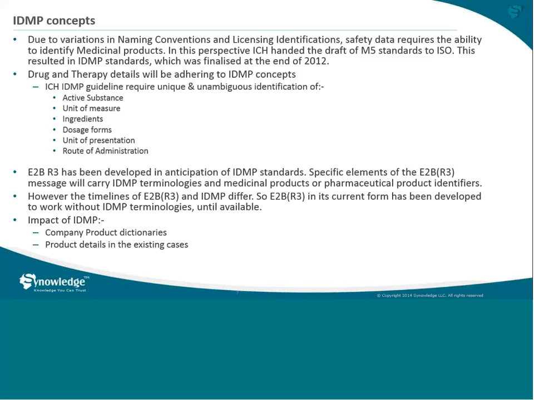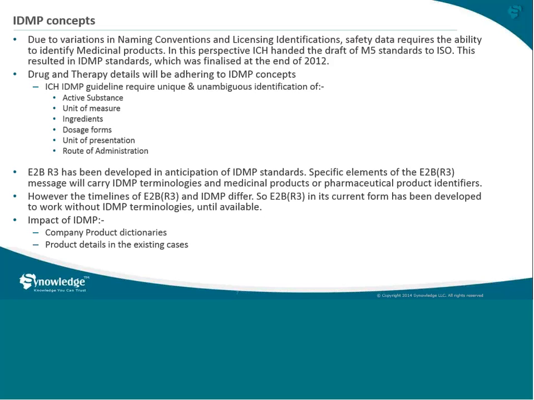Basically, the parameters that are affected due to the introduction of IDMP concepts would be active substance, unit of measure, ingredients, dosage forms, preparation units, presentation units, and administration rules. All these parameters will now be made unique and unambiguous once IDMP has been implemented.